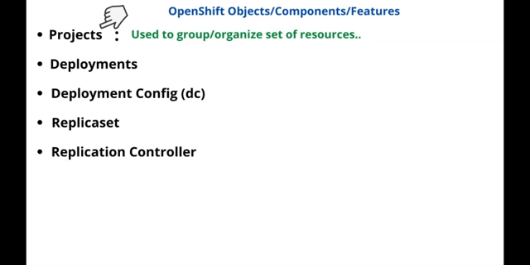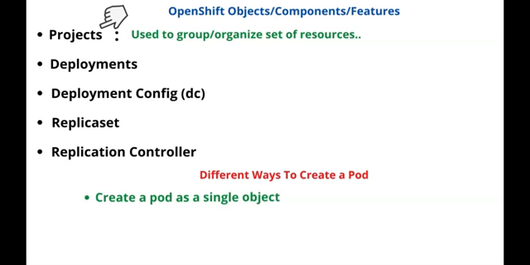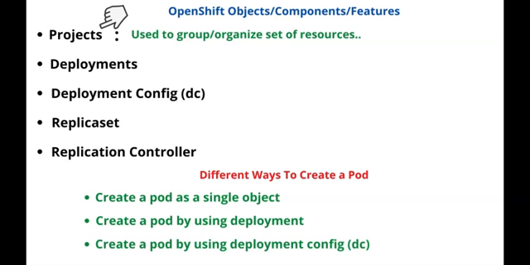So to create a pod in OpenShift, you can 1. create a pod as an individual object, 2. create a pod by using deployment, 3. create a pod by using deployment config, and 4. create a pod by using the new-app option.